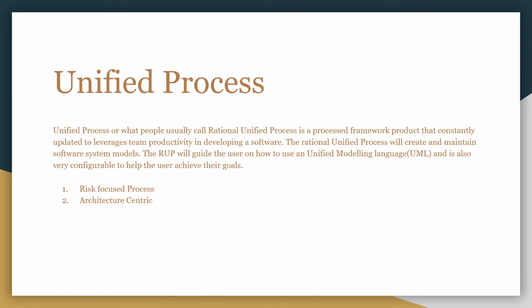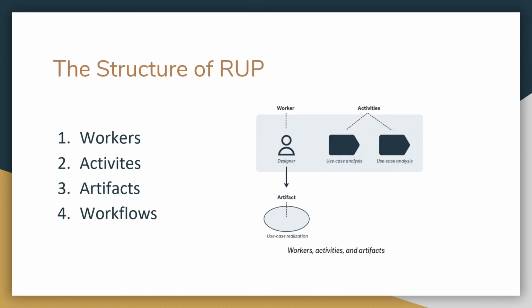Unified process is a risk-focused process and also architecture-centric. The structure of RUP has workers, activities, artifacts, and then last is workflow.